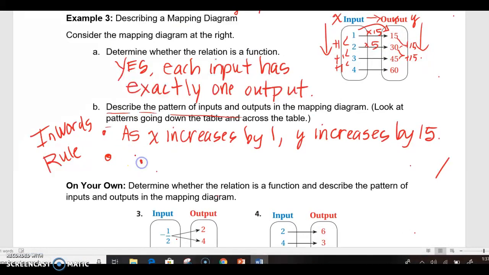So as a rule, I can say 15 times x is equal to y. Or you could say the input multiplied by 15 equals the output.